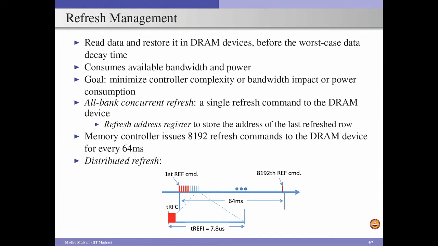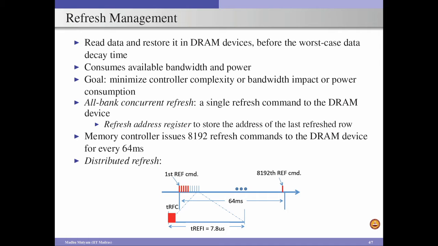This mechanism says that rather than refreshing all the rows inside a bank, we refresh a few rows now and then give a gap so that processor requests, if any are waiting, will be serviced, and then again move on to a refresh, and then again back to the normal mode and then refresh mode.